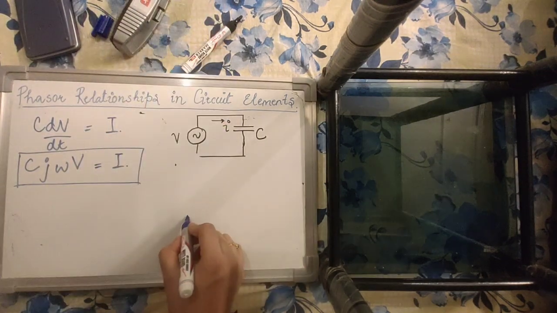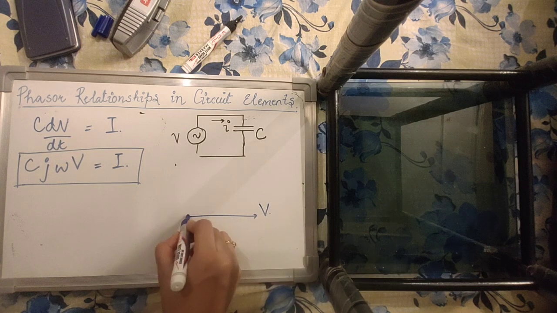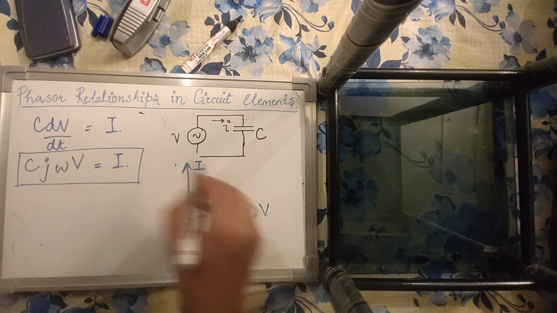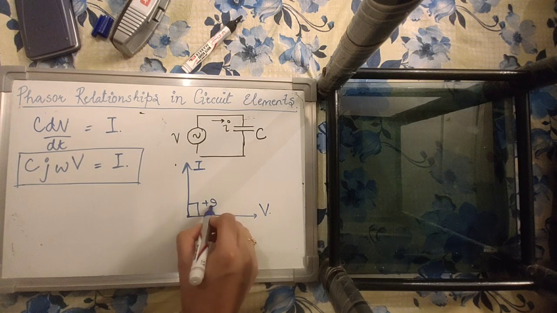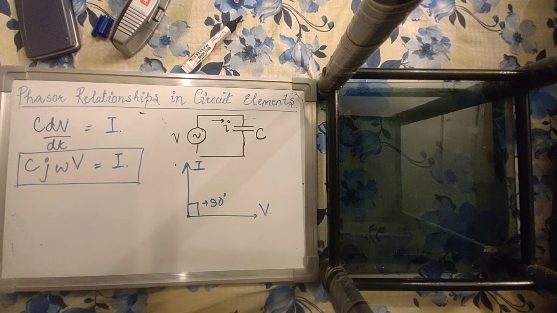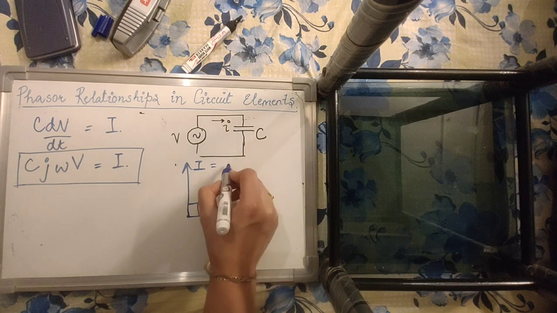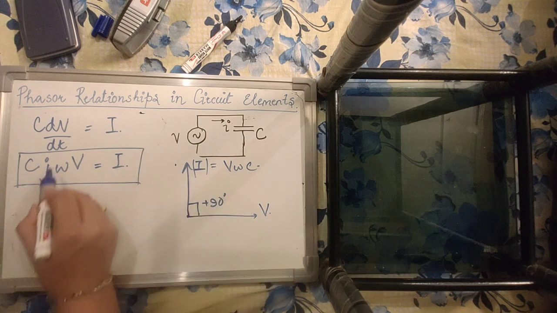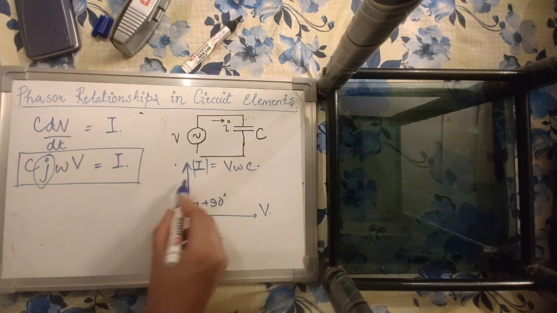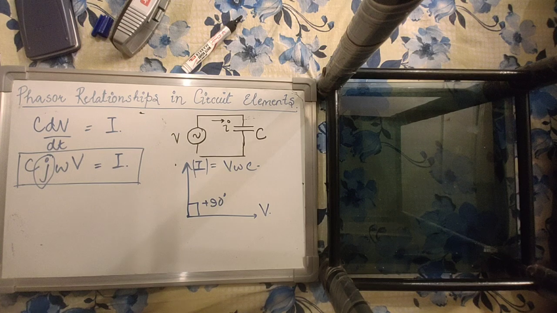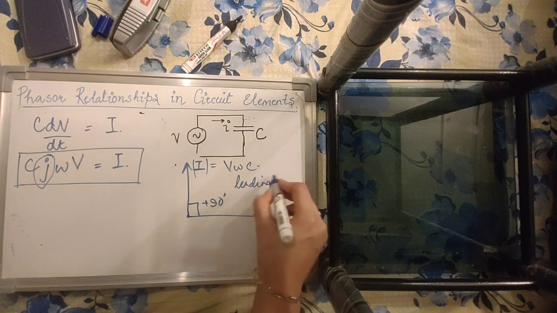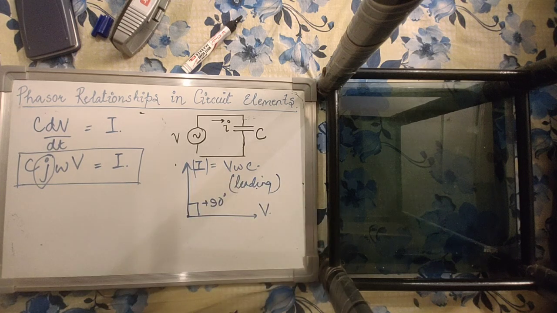So we have the V phasor looking like this, and the I phasor will be 90 degrees leading over the V phasor. The magnitude of the I phasor will be equal to V omega C, and the multiplication by plus j simply means a leading angle of plus 90 degrees. So this is the phasor representation of the same thing.